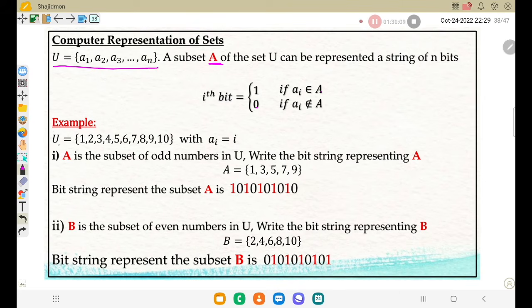For example, 1 to 10 is the universal set. That means 1, 2, 3, 4, 5, 6, 7, 8, 9, 10, correct? This is the U set, the universal set.